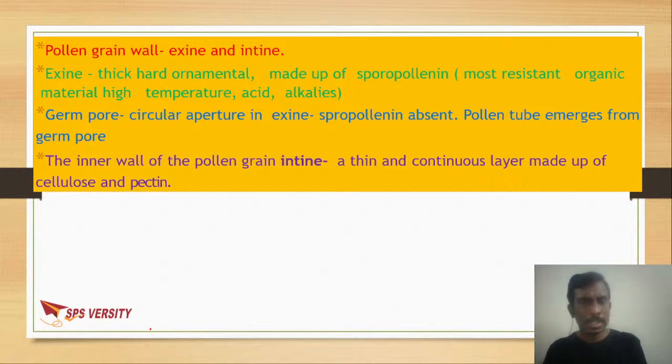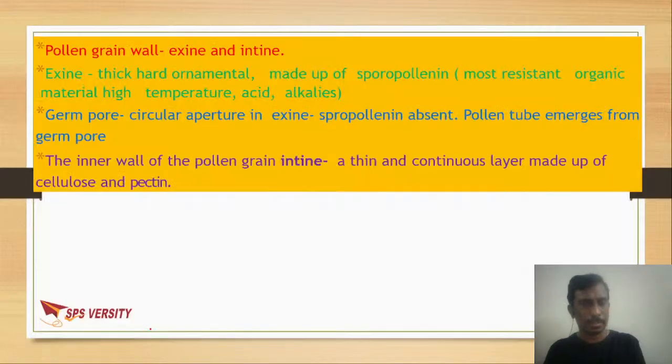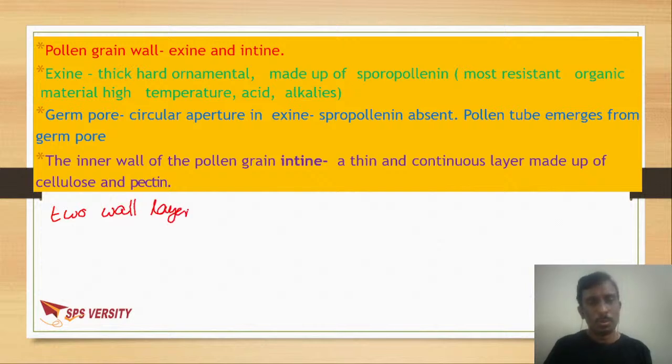When you take the structure of a pollen grain, the pollen grain is covered by 2 wall layers. The outermost wall layer is called exine and the innermost one is called intine.